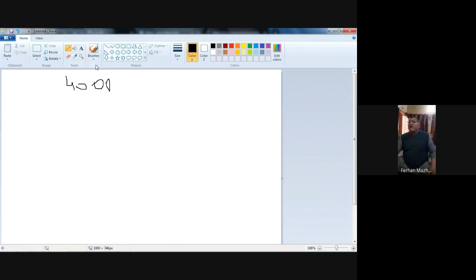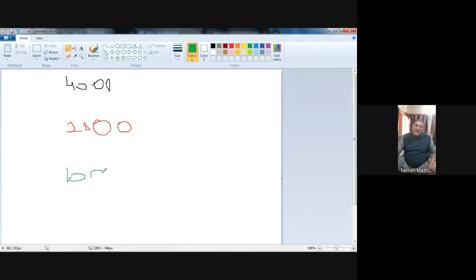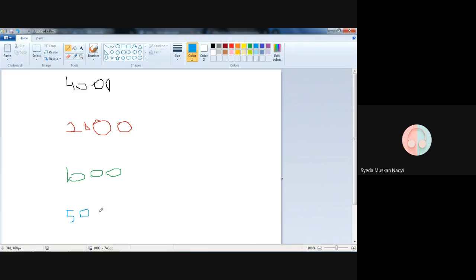If one half life has passed, it will become 2,000. And another half life will pass, and it will become 1,000. And we are supposed to take it down to 500. So another half life will pass, and it will become 500.